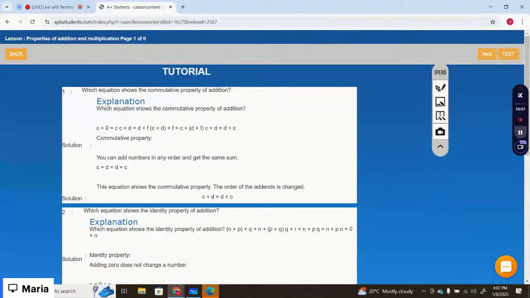Which equation shows the commutative property of addition? You are given the options, and you are going to see which is the correct option, which one shows the commutative property of addition.